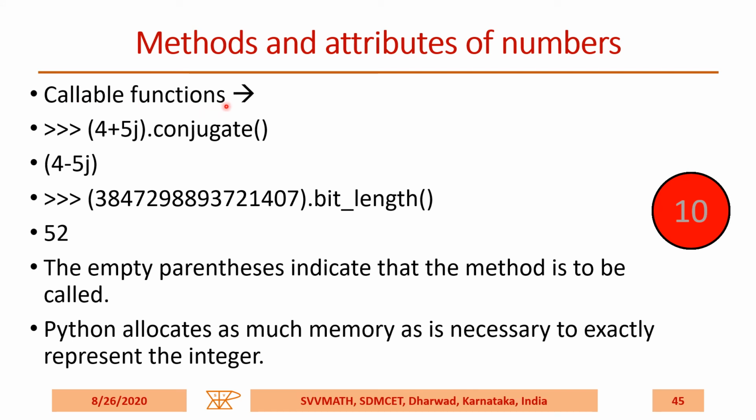You can call functions: (4 + 5j).conjugate() gives 4 - 5j. Some digits .bit_length() gives the number of bits used to represent that particular number. The empty parentheses indicate that the method is to be called, for example, conjugate has empty parentheses here.